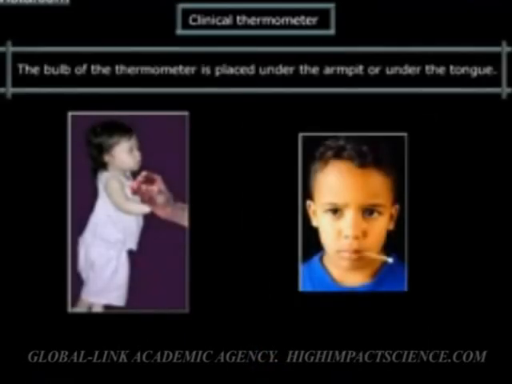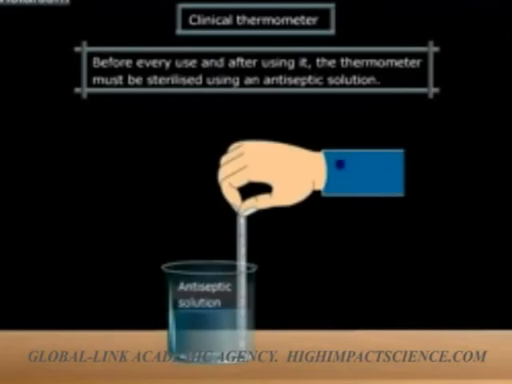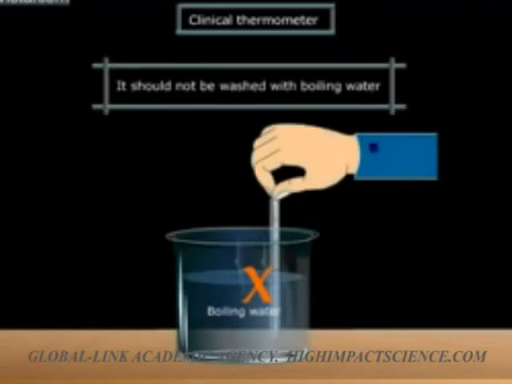To take the body temperature, the thermometer is placed under the armpit or below the tongue. The thermometer must be sterilized before and after use using an antiseptic solution. It should not be washed with boiling water, since this could cause breakage due to extreme expansion of mercury.